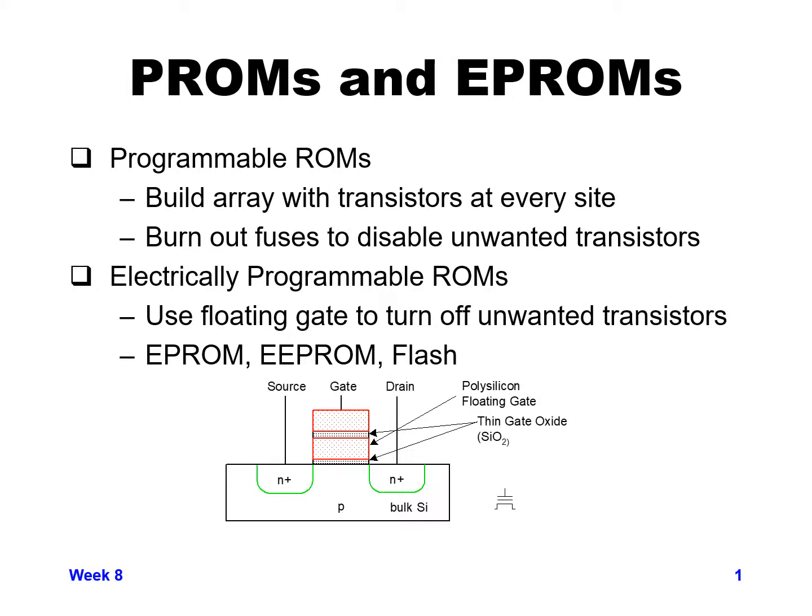So in effect, you can charge and discharge that polysilicon floating gate in order to make the transistor turn on or not turn on when you apply your normal voltage to it.